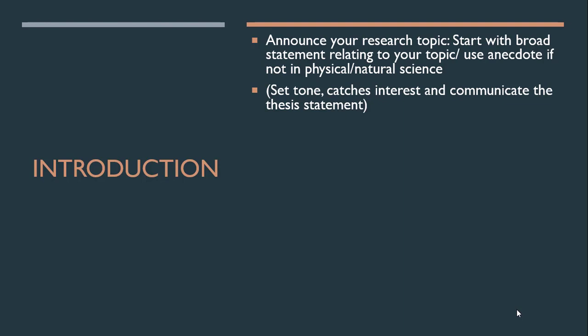Okay, let's say you are looking at conflicts in a particular setting. You could start with talking about conflicts and their general implication. Then you bring it down. You start talking about how conflict relates to other aspects of the society.